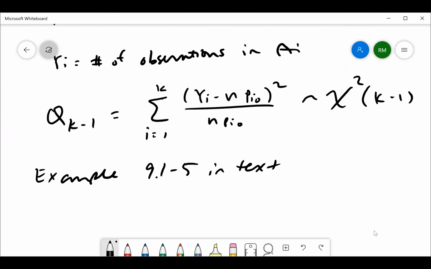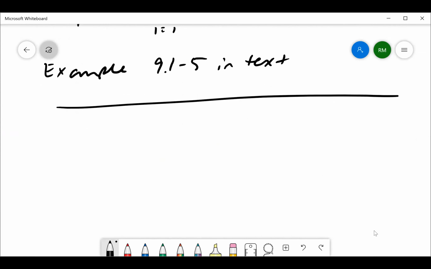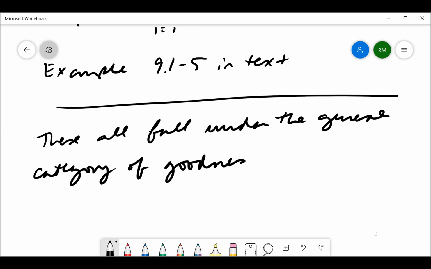So to summarize, all of these tests we've learned are under a more general name of goodness of fit test. Because we're seeing how well does our data fit with a prescribed model or distribution.